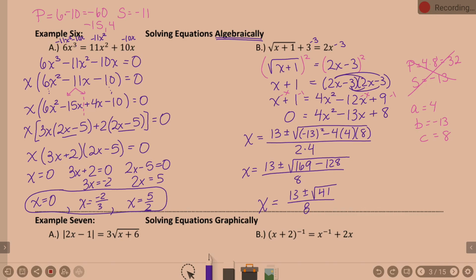If there was a need to go decimals, you could punch it into your calculator and get a decimal. The other option, if you recall from when we were doing the a plus bi form, and I'm not requiring it here, is you could say 13 over 8 plus or minus the square root of 41 over 8.